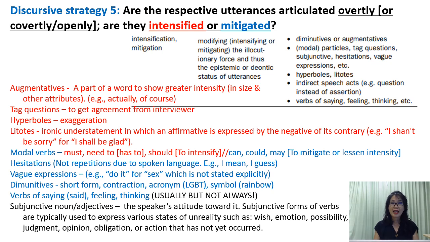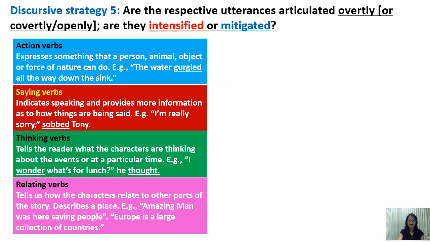We also analyze verbs of saying and feeling. I'm going to give you more examples of this later. These are action verbs, saying verbs like sobbed, thinking verbs, I wonder, I think, relating verbs, something is something. So if you want to go really into the linguistic analysis, you can go for all of these.